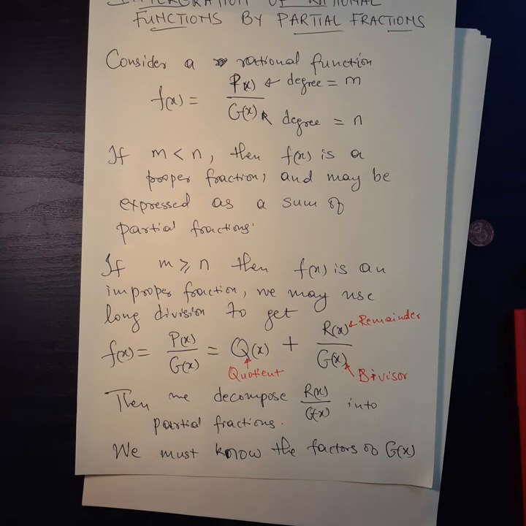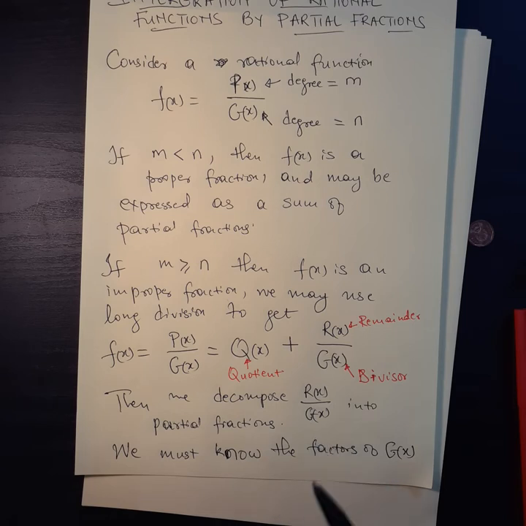When we are trying to factorize g of x, 4 cases are going to arise. Number one, it will be easy to find the linear factors of g of x, so g of x will be expressed as a product of distinct linear factors, then we'll be happy. It is easy to work with that one. Secondly, we may find that when we factorize g of x, we get factors which are repeating, so the factors are not distinct.